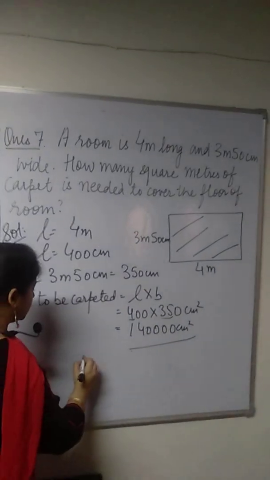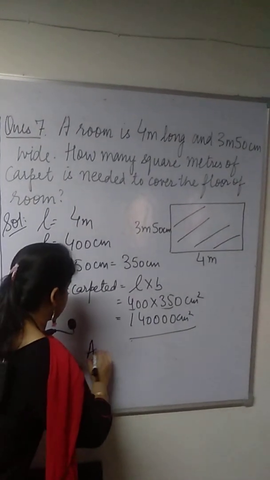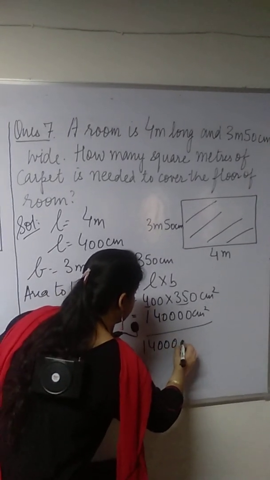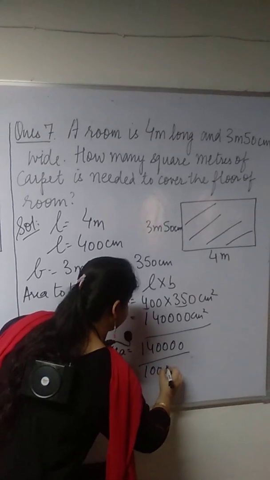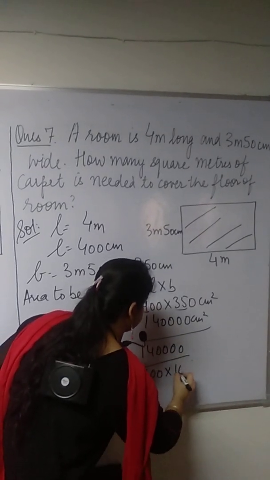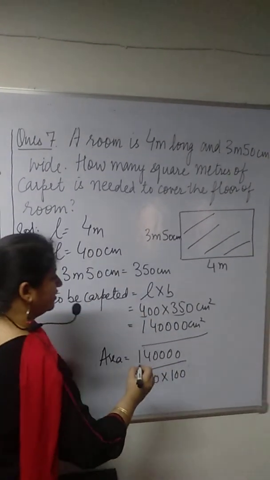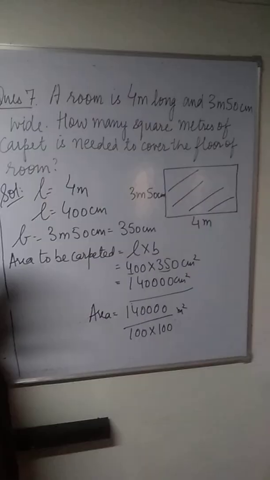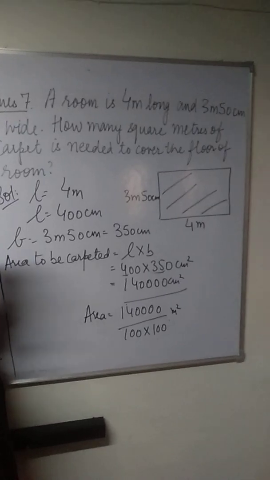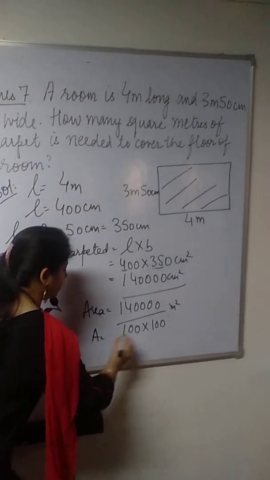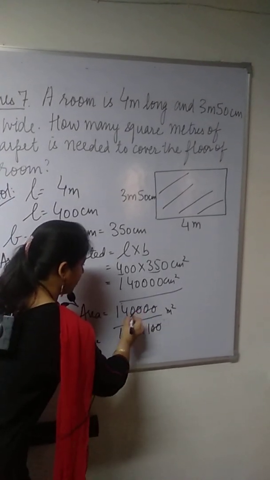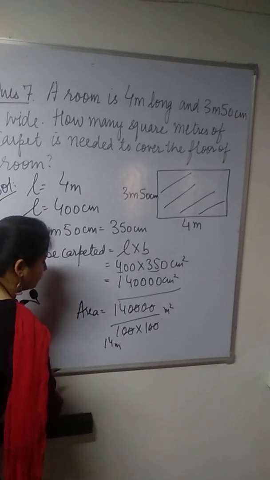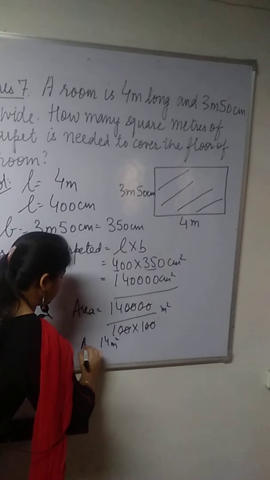Now to convert it back into meter square, so area will be, you have to divide it by 100 into 100. So area will be, cancel these 2 zeros and again 2 zeros. So 14 meters square is the answer for area to be carpeted.